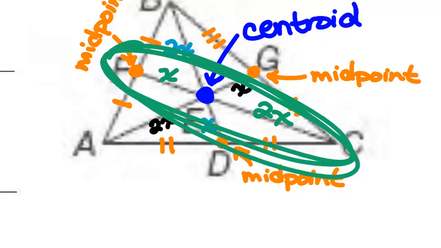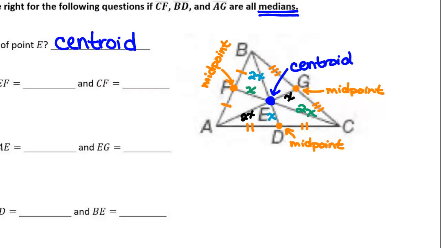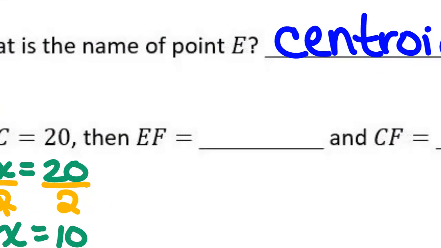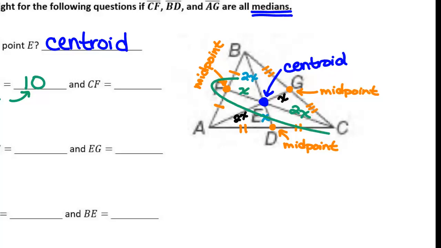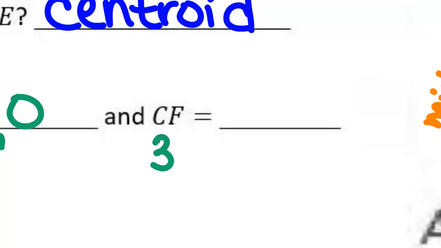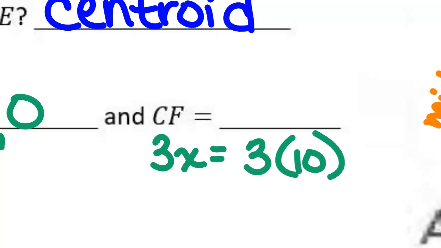Which segment is the just x segment? EF. So EF is my segment labeled as x, so that is 10. From C to F, is that 1x, 2x, or 3x? 3x. And x is 10, so I have 3 times 10, which gives me 30.